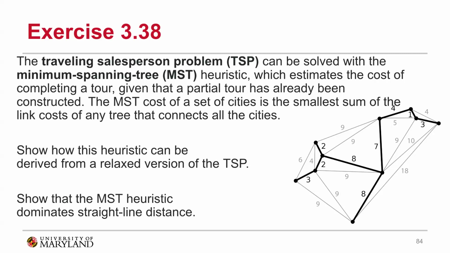Let's look at this particular example. If you work from this city to this city and to this city to this city, these are the cities that you have visited. This is the set of cities that you have not visited. Let's assume that this city is connected.